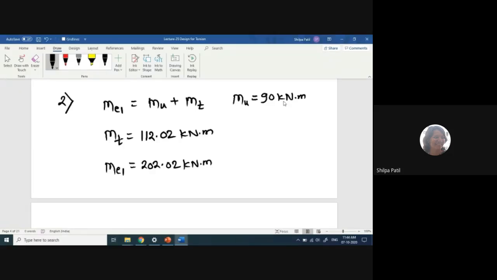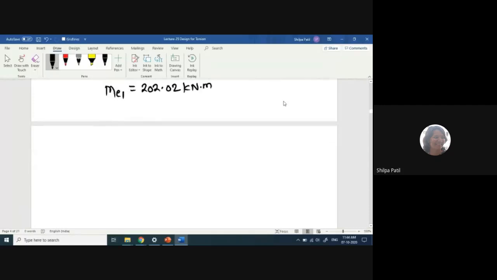If MT is less than MU, then we have to calculate only the area of steel required on the tension side. If MT is greater than MU, then we need to calculate the area of steel which is required to be provided on the compression side also. Now this is the second type of problem where MT value is coming greater than MU. So we have to provide the steel on both compression and tension side.